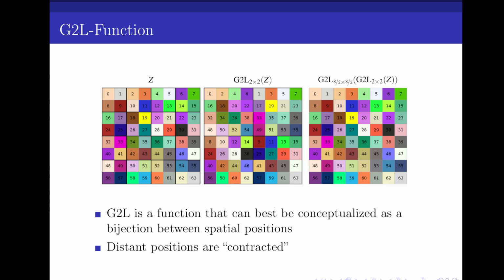Then, for instance, the elements 0, 2, 4, and 6 are all at the same position within their window, and therefore they get contracted in the result. This operation is fully invertible, as you can see in the right column.